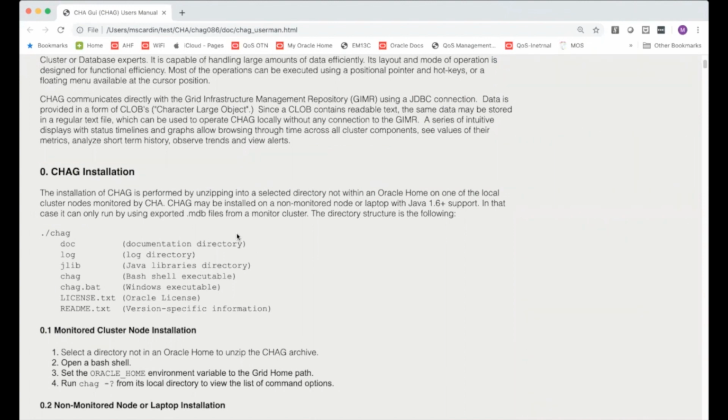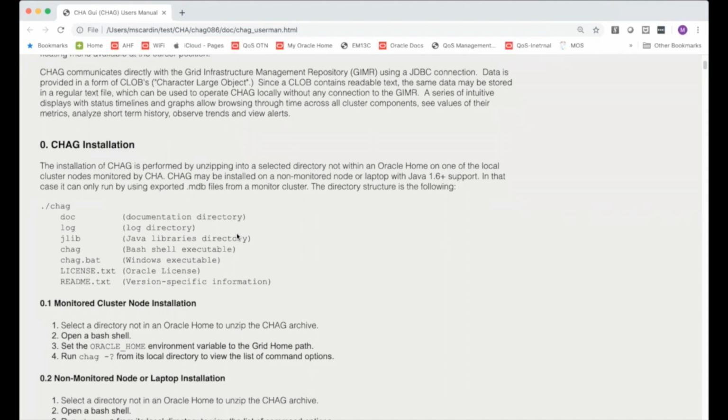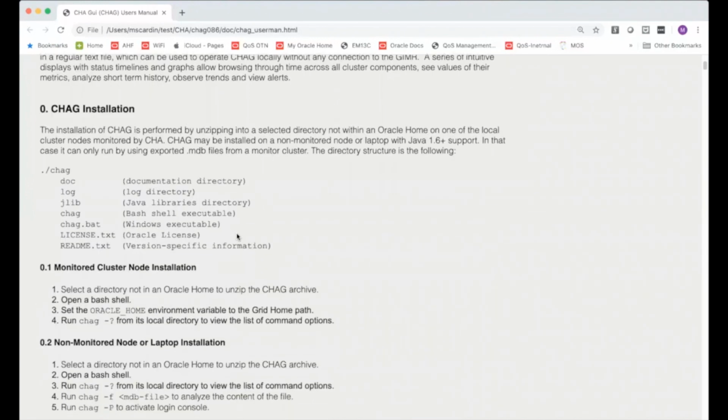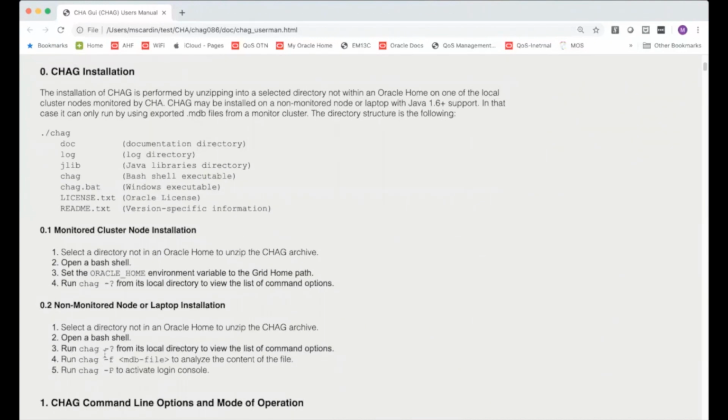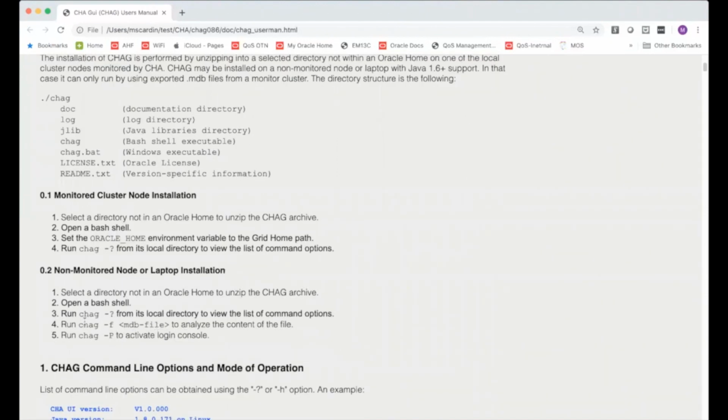I think currently we're supporting Java 8. For the local version, if he has created the MDB file and downloaded it from the cluster to his local laptop or PC, he can start the GUI and browse through the MDB file directly. Okay, so he just has to run this CHAG command with the MDB file. Yes, with -f.